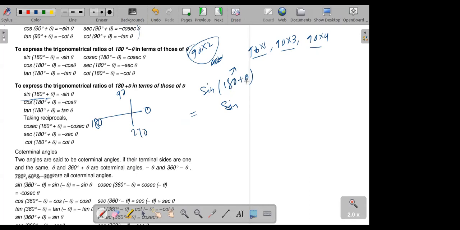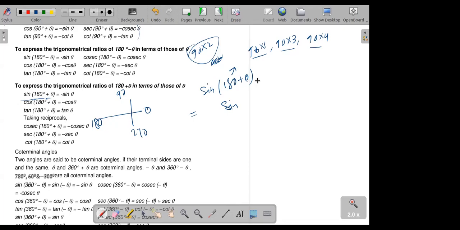I have one question here. Sine 180 degree minus theta. The answer given is minus sine theta, but in this case the angle is in the second quadrant, where sine is positive. Let's say theta is an acute angle, in that case it's in the second quadrant only. So why do we have sine negative here?